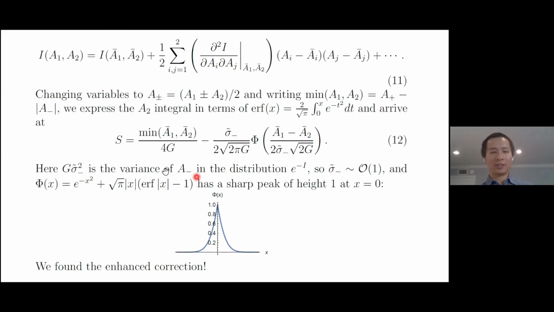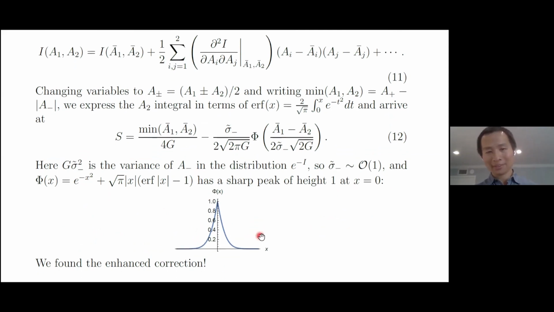This is using a notation that has been useful in previous papers. Phi is a function that is very sharply peaked around x equals 0, and it has a height of 1.